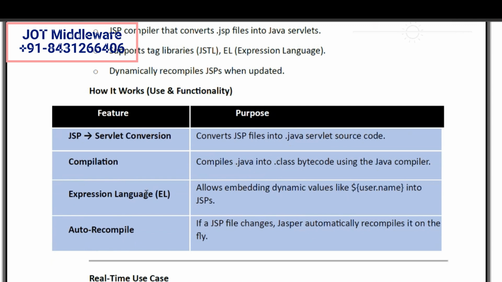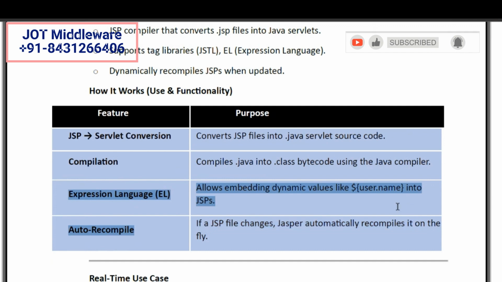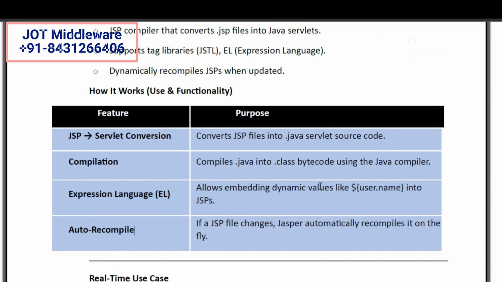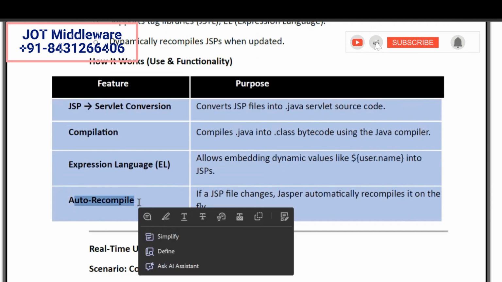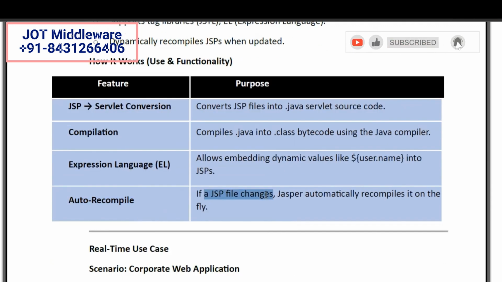Expression language allows embedding dynamic values like a username into JSPs, something that happens dynamically. Auto recompile: if a JSP file is changed, Jasper automatically recompiles it on the fly, meaning you don't have to redeploy again.